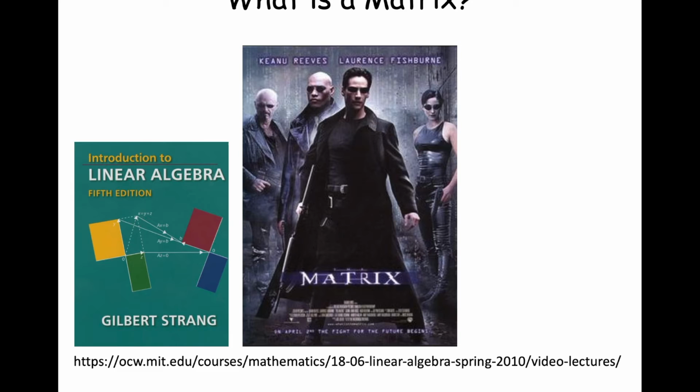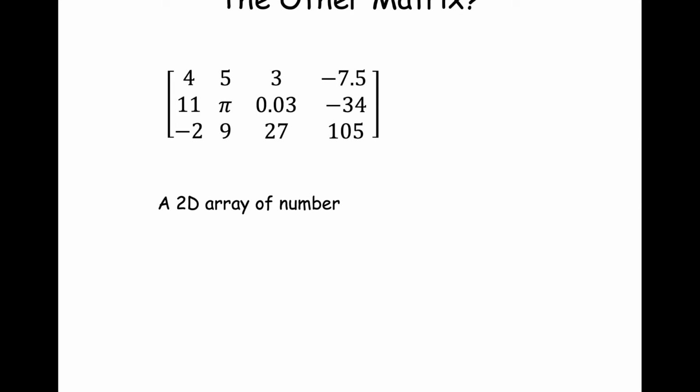So what exactly is the matrix? Not the movie. Let's talk about matrices in linear algebra. The primary focus in this new algebra is a system of operations and procedures on this other type of thing. So a matrix, the other matrix, not the movie, is a two-dimensional array of numbers. Now here we have a two-dimensional array, and if you look at it, you can measure its size.